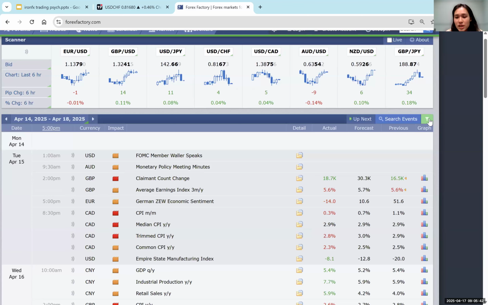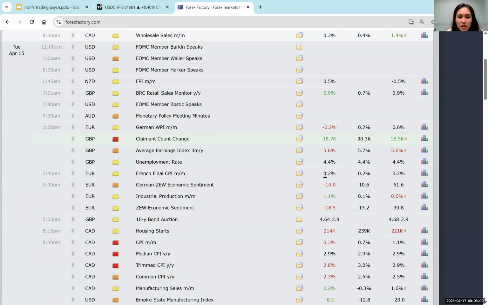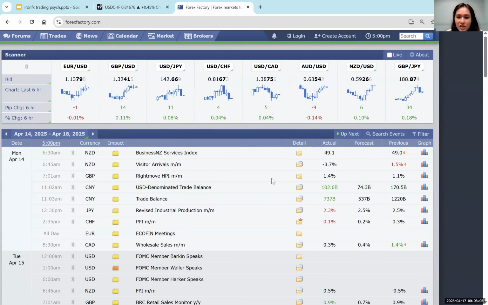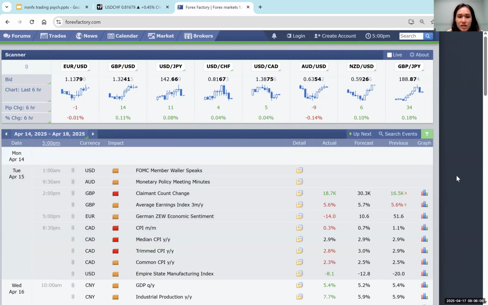Of course, you can also select this filter button and look at any lower impact events. If you click on this yellow icon, you can filter out any event types that you're not looking at or any currencies that you're not trading. We typically just prefer to look at all of them. You can see there are a lot more events to cover if we also look at the low impact events. That's why we just like to focus on the medium to high impact.